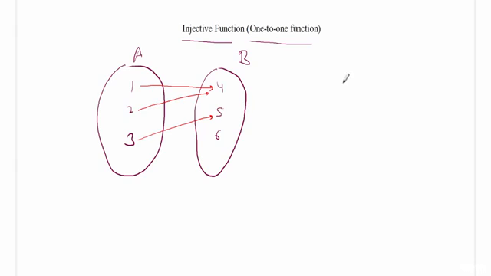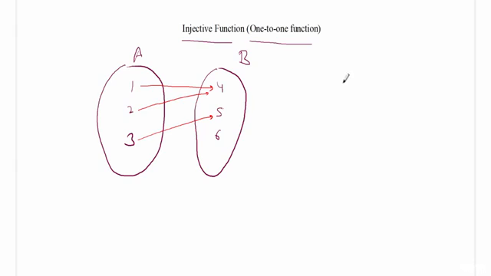Because this element from set B is mapped to more than one element of set A. If you try to draw the mapping for this, it will look like this. This is set A, this is set B. It has 1, 2, 3 and it has two elements a and b. So a is an image of two elements, this as well as this. So this is not one-to-one, because element a from set B is mapped to more than one element of set A.